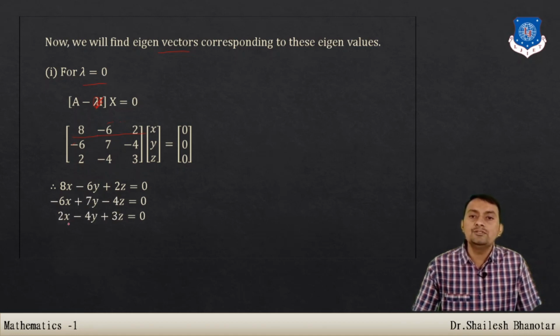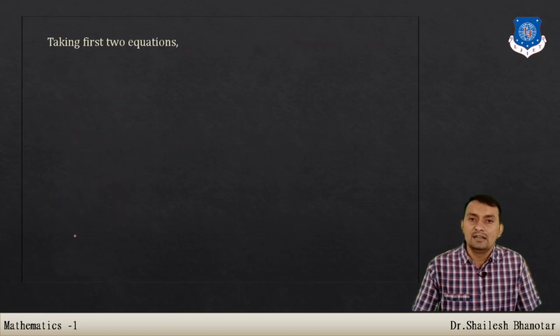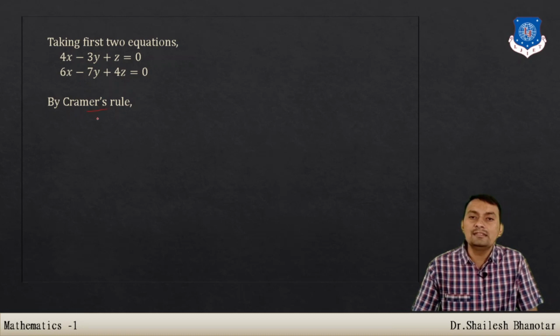So whenever you consider its first two equations, and when you solve using Cramer's rule, what are you going to get? X divided by, just hide this one, so minus 3 1 minus 7 4, and that is we have minus y, just hide it, 4 1 6 4, that is we have z, hide this column, so what you will get? 4 minus 3 6 minus 7.